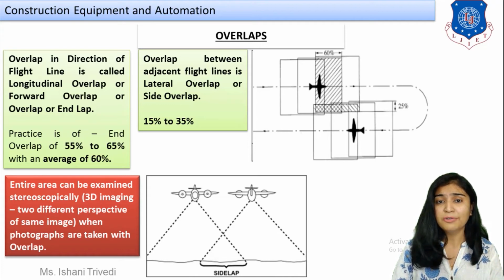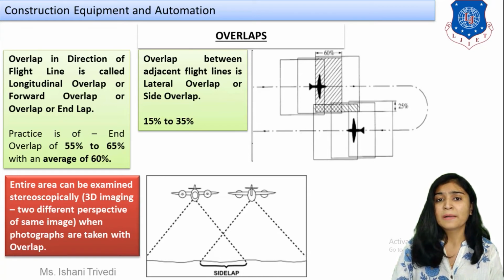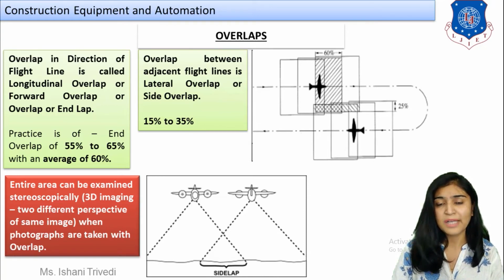This is how you can cover the full area stereoscopically, a kind of 3D imaging. So a three-dimensional photograph or map will be developed after the overlap of the photographs, which will give you more information about the area and two different perspectives, so you can carry out the work more precisely and with more accuracy.